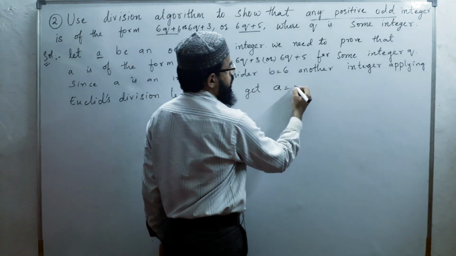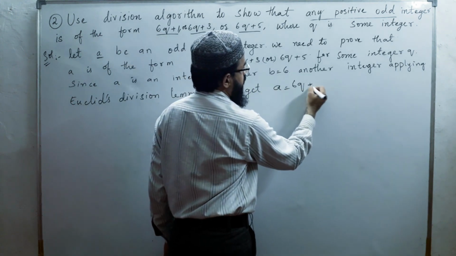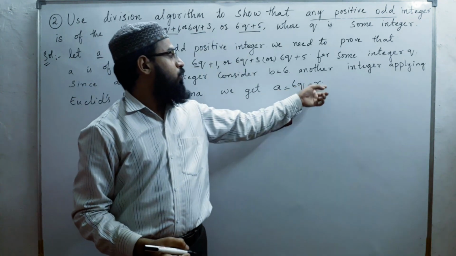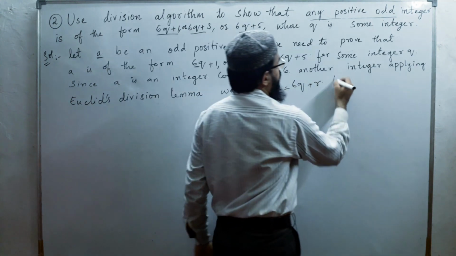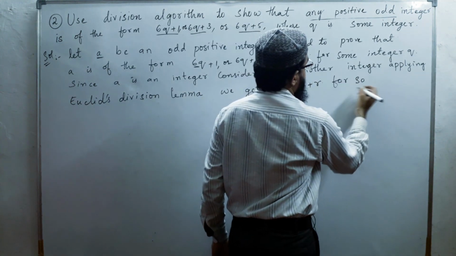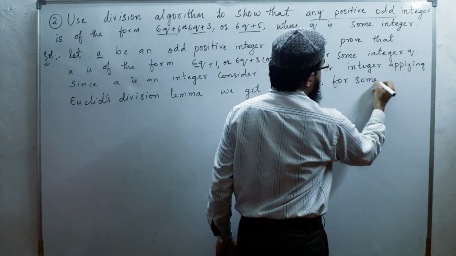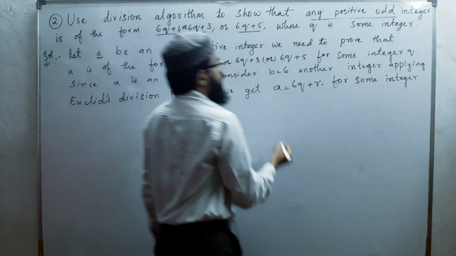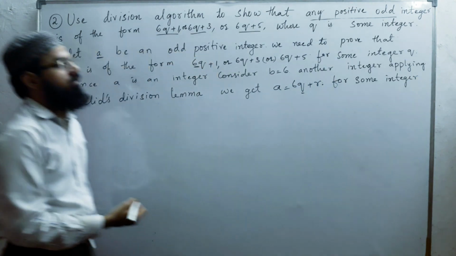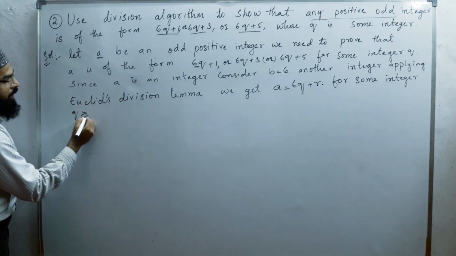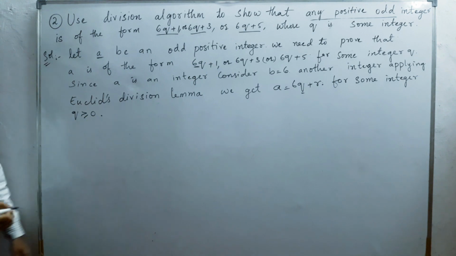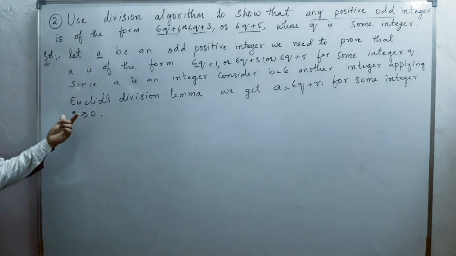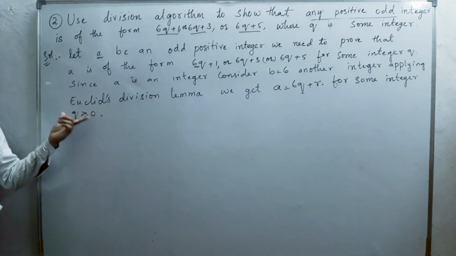So after applying Euclid's division lemma, we get a equals 6q plus r, for some integer q greater than or equal to 0.